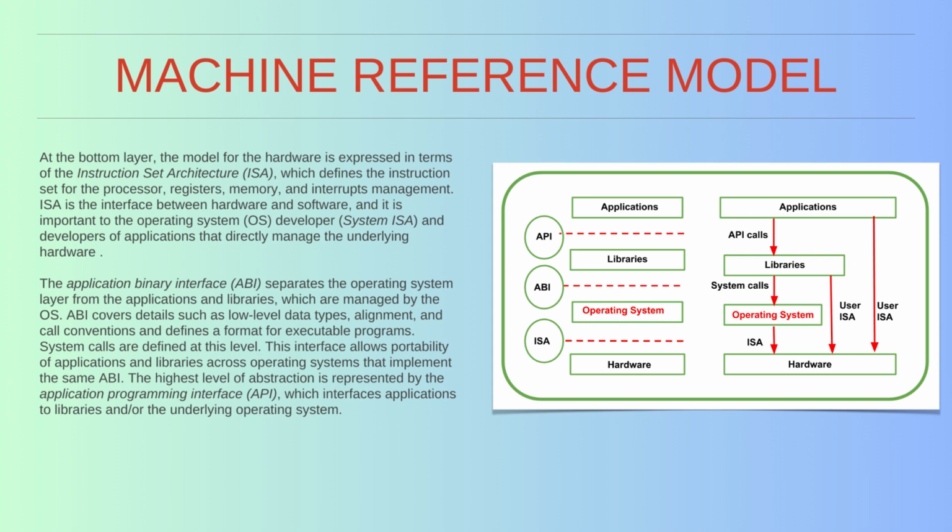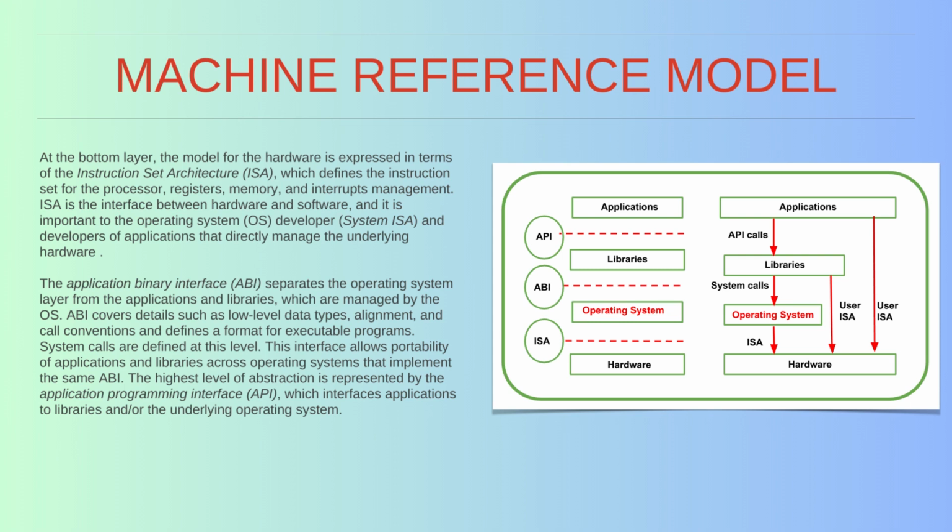Then the application we can write as libraries and operating system. The application is connected to each one of them, either directly or with libraries or operating systems. The application binary interface separates the operating system layer from the application and libraries which are managed by the OS.